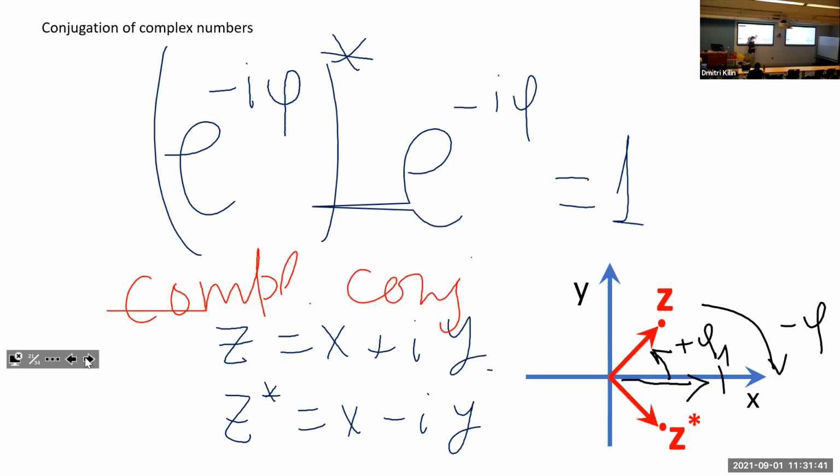So it is an interesting observation: if we have a complex function and multiply it with and without conjugation, we will get a real number. Sometimes it will not be 1, but it will be a real number.